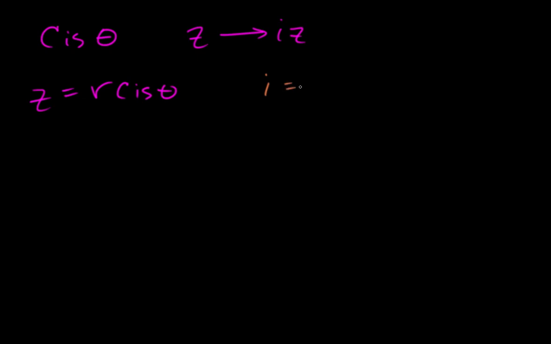Alright, it says use the properties of cis theta to find the transformation which moves z to iz. What we're going to do is write something in polar form like that, and then we know that i is going to be 1 cis pi halves.